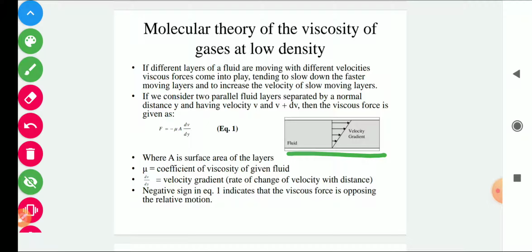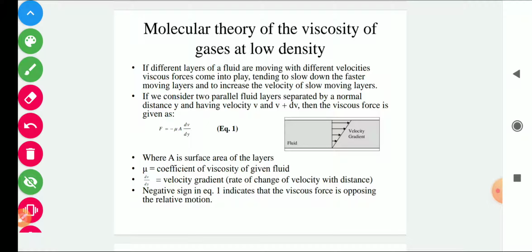The fluid layer in contact with the upper plate moves with the same velocity v, because of the no slip condition. So there will be a gradual increase in fluid velocity from 0 to v, due to viscous effect.